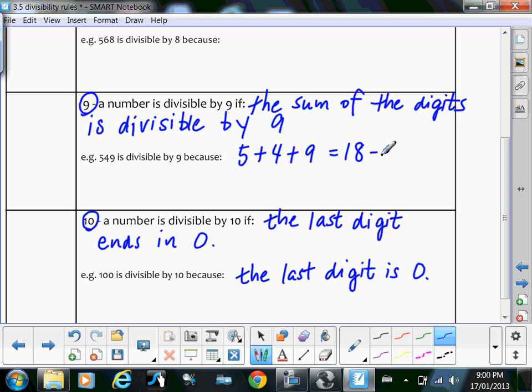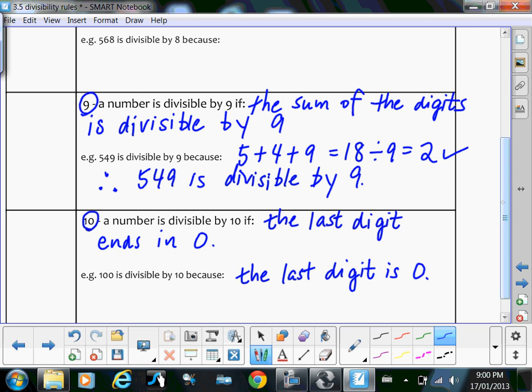You know that 18 divided by 9 equals 2, so it's evenly divisible by 9. Therefore, 549 is divisible by 9 because the sum of the digits is divisible by 9. That's what you can conclude.